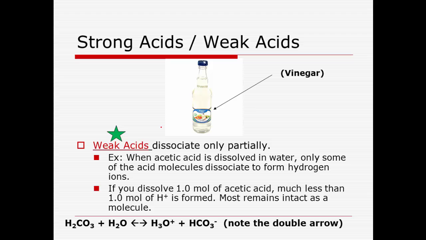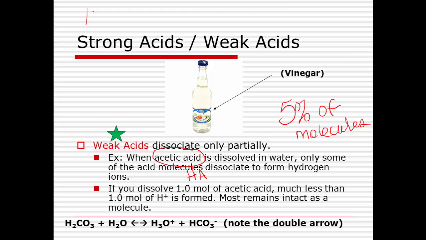Now, weak acids, on the other hand, only dissociate a little bit, and what that means is maybe about 5% of the molecules will actually break apart, okay? So if we have a beaker of a whole bunch of acetic acid molecules, and for acetic acid, I'm going to abbreviate that as just HA, so A is the acetate.